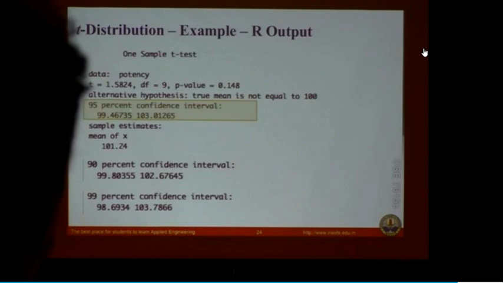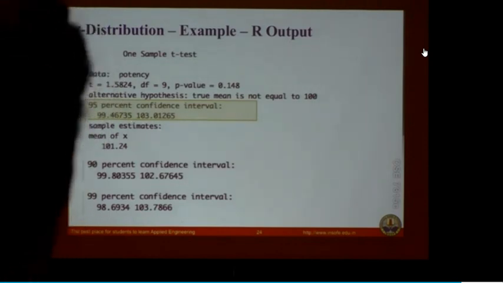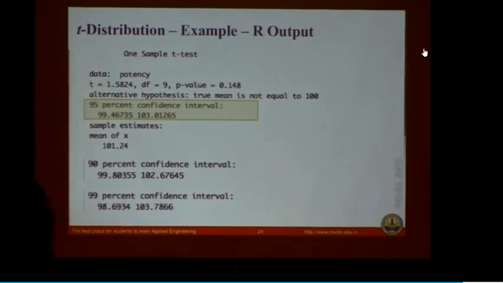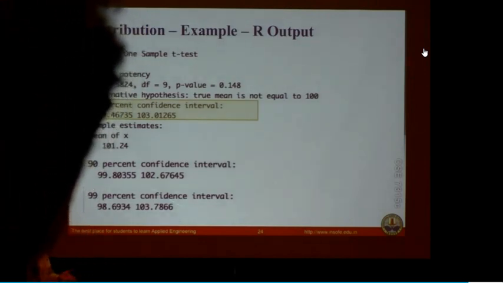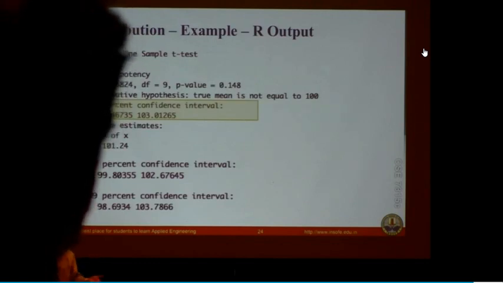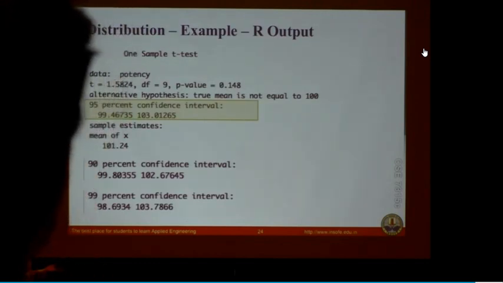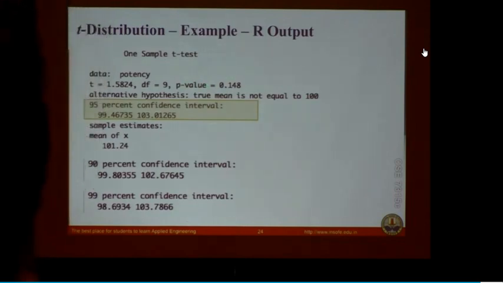Or see, 100 is part of this range, no? 100 milligrams is part of this range. That means, even though this sample gave me 101.24, it is as good as 100. I cannot reject the null hypothesis that it is 100 because 100 is included. Its possibility is well within that range. Whether you make the decision using the hypothesis test or the confidence interval, you will come to the same thing.